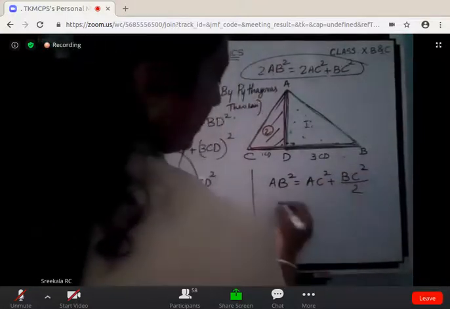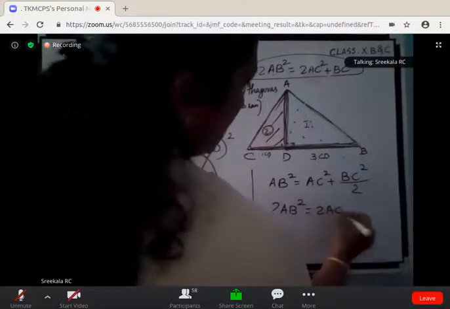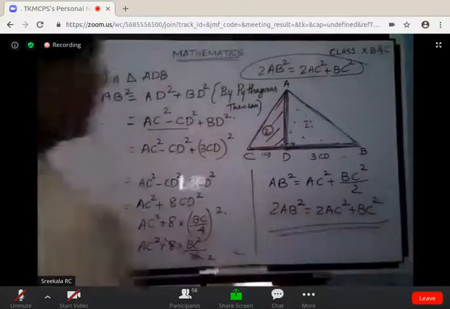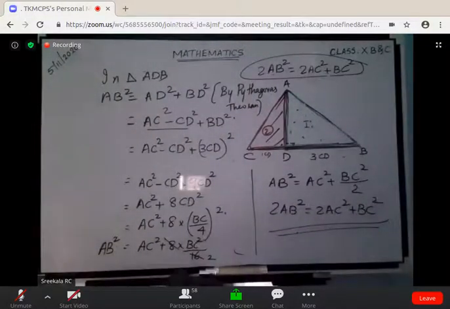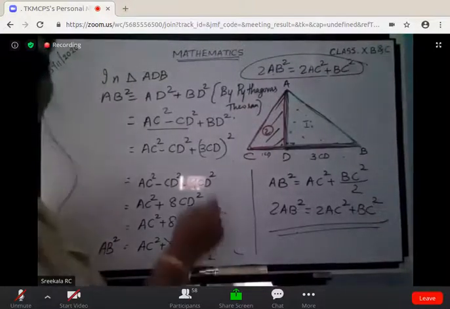Then whole multiply by 2, then it becomes 2AB square equal to 2AC square plus BC square. This is result 1. Is it clear?